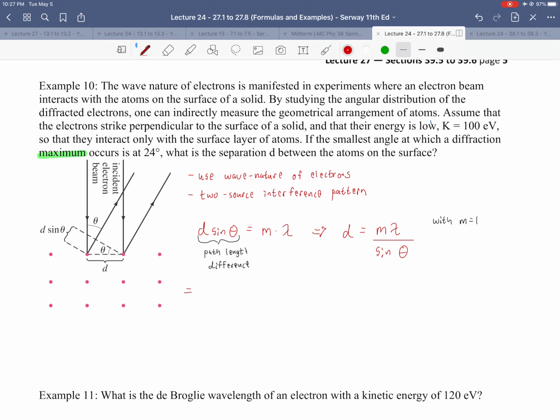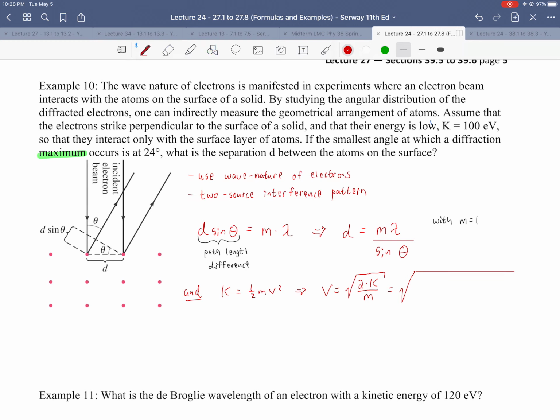So the kinetic energy, K, is equal to 1/2 mv squared, and so v is going to be the square root of 2K over m.